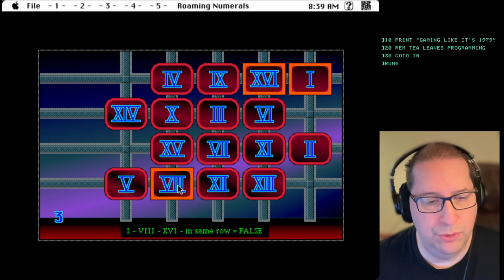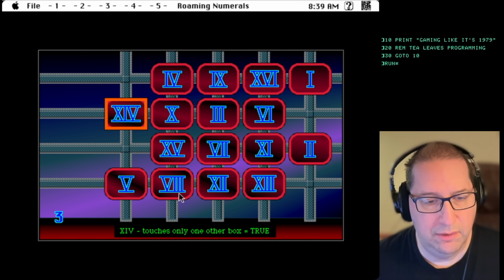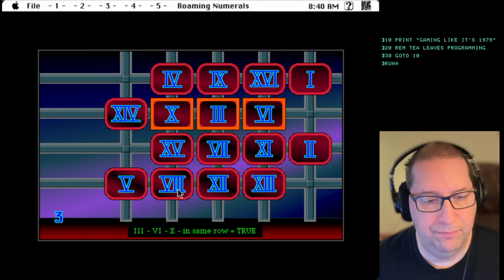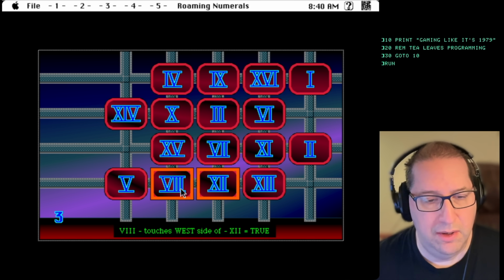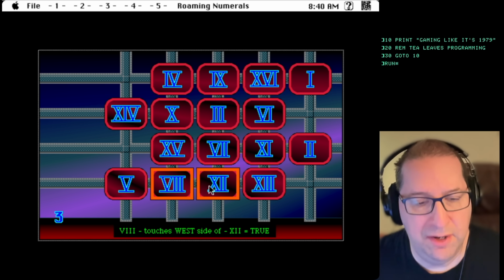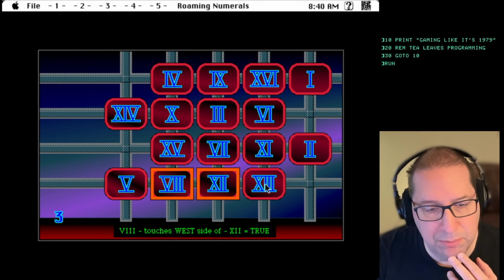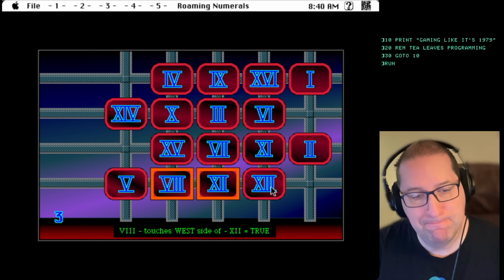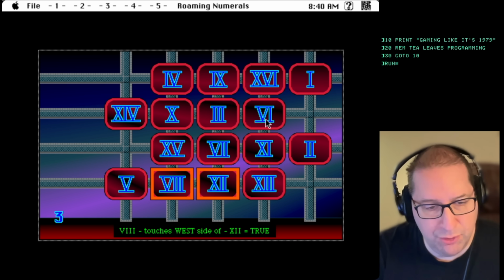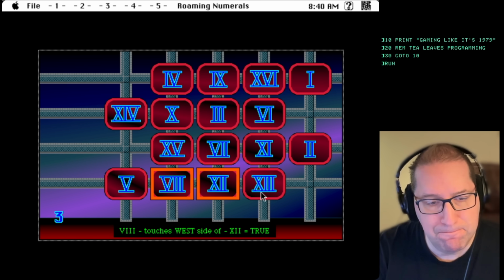And there's no rule, I don't think, no other, oh wait, there we go. There was one. 8 touches west side of 12. So therefore 8 cannot be in this column because it has to touch the west side. Although it could be here.